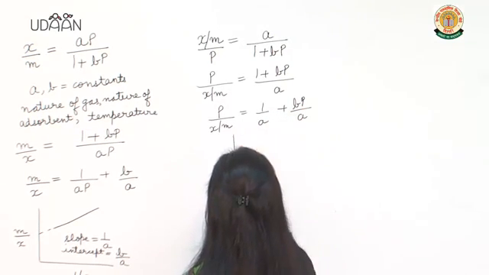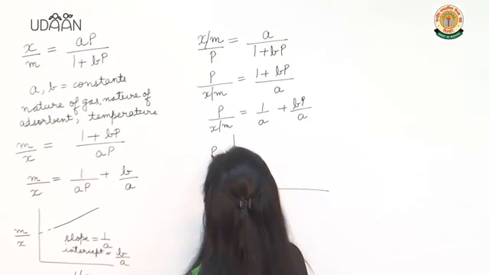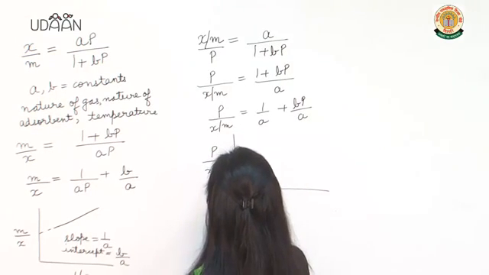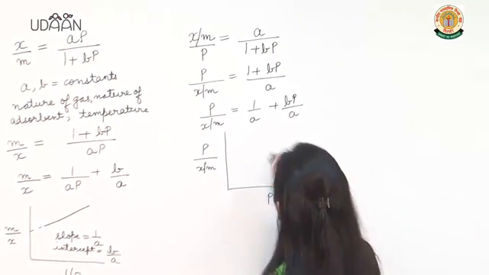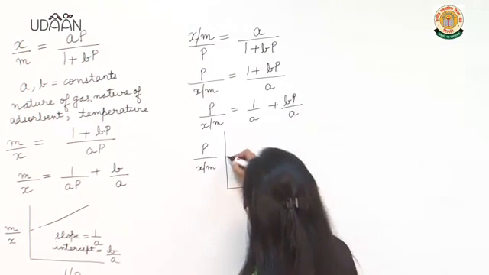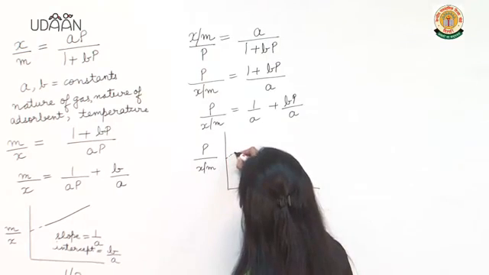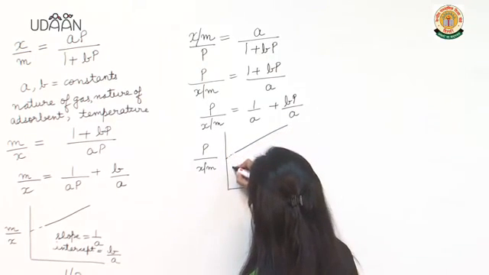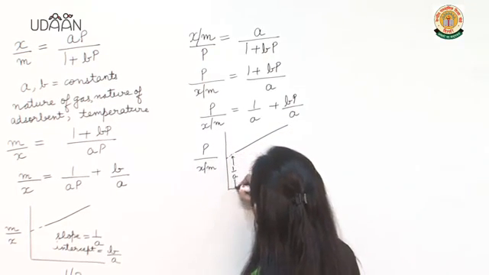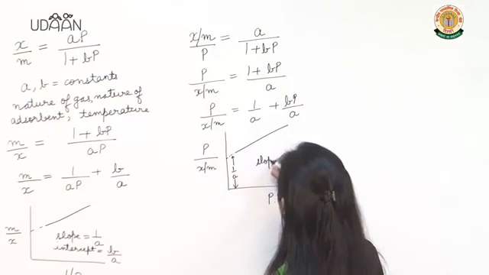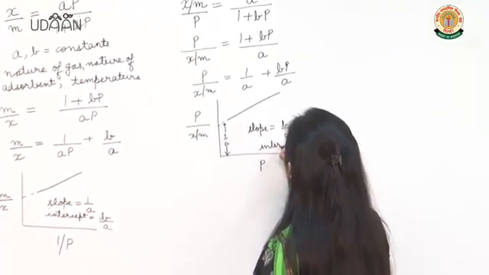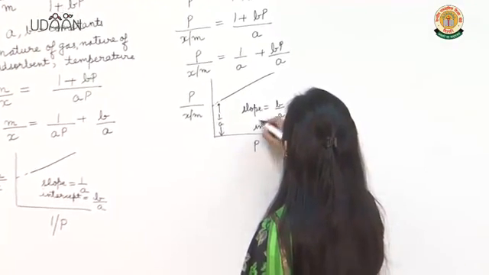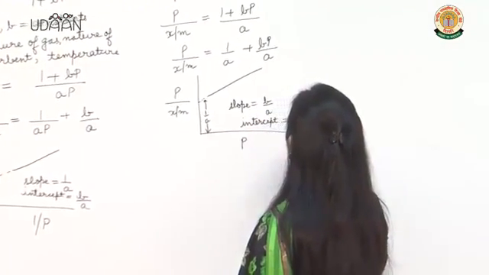And I have to plot a graph of p by x by m versus pressure. So now what would be the slope of the graph? It would be b by a. And what would be the intercept? Intercept would be 1 by a. So slope is equal to b by a and intercept is equal to 1 by a.